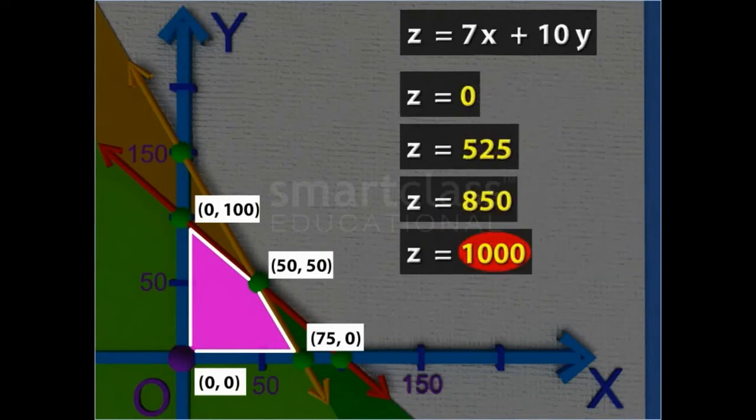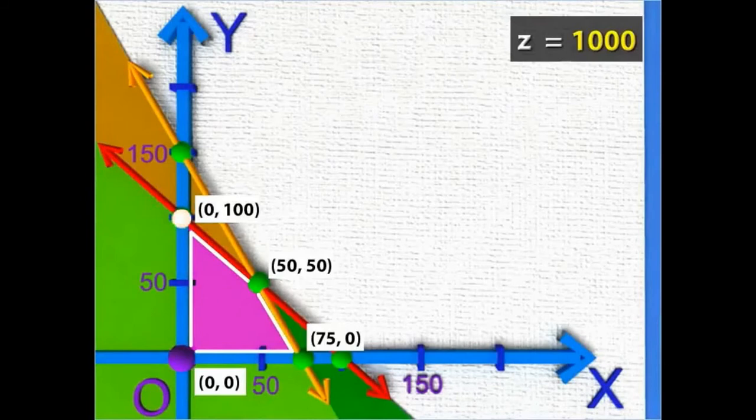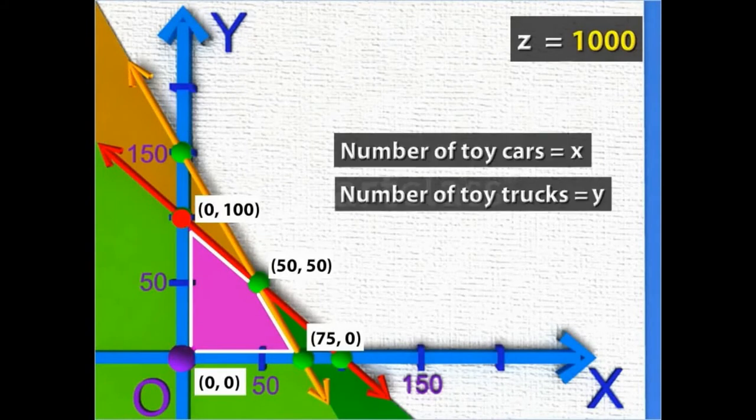The largest numerical value of Z represents maximum profit. Make a dot at the vertex that gives the optimum value of the objective function. The x and y coordinates of this vertex represent the optimum number of toy cars and toy trucks that the retailer should purchase to earn maximum profit.